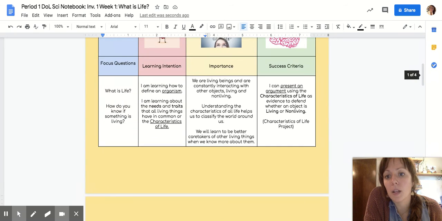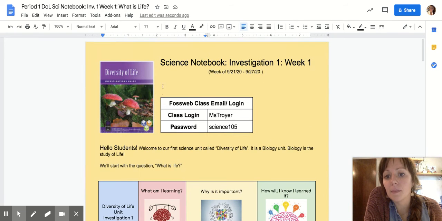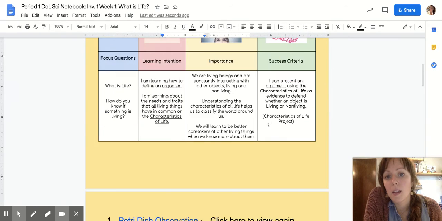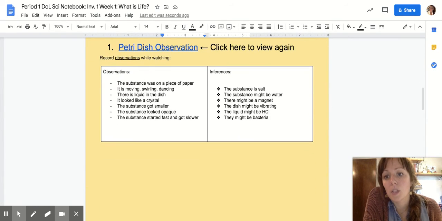You are going to need the FOSWeb login, which is here. Then record some observations, which is what you see or smell or hear or taste or touch with your senses. That's what an observation is. What do I hear? What do I see? What does it look like to me?